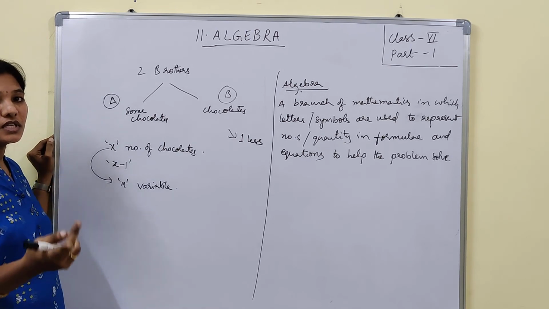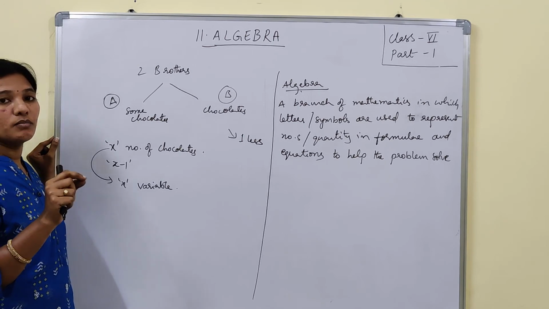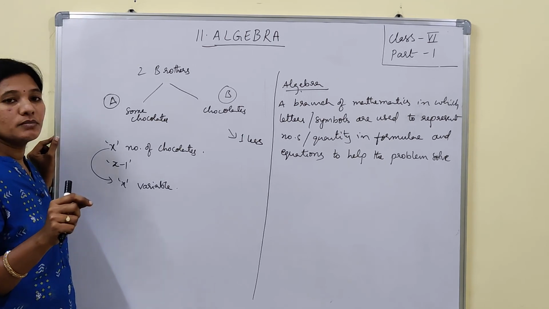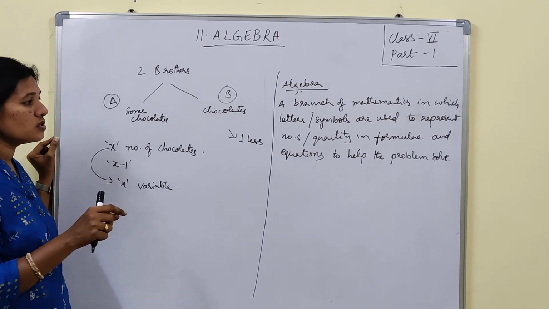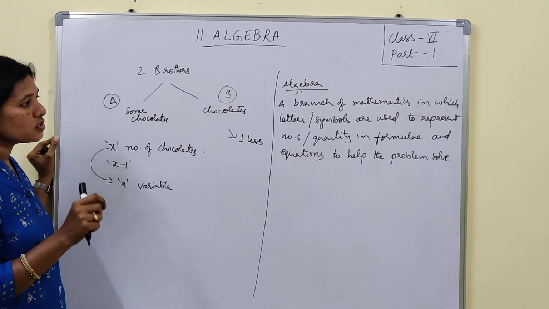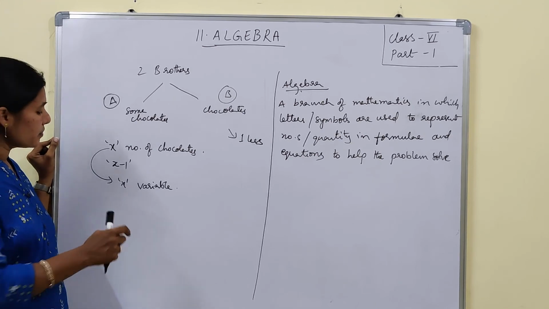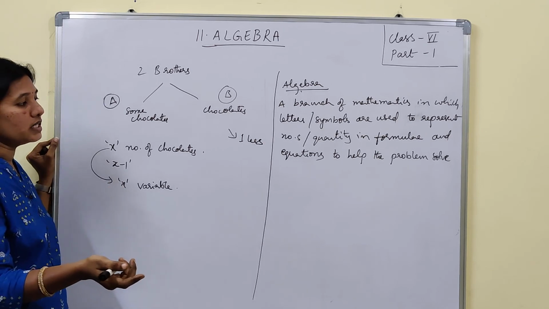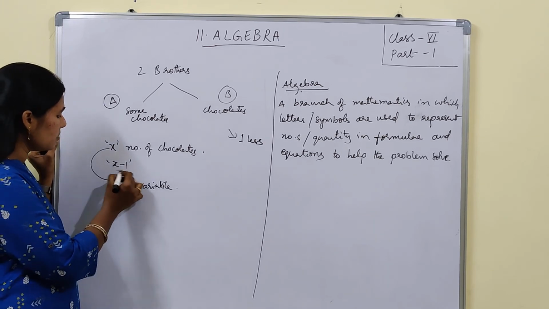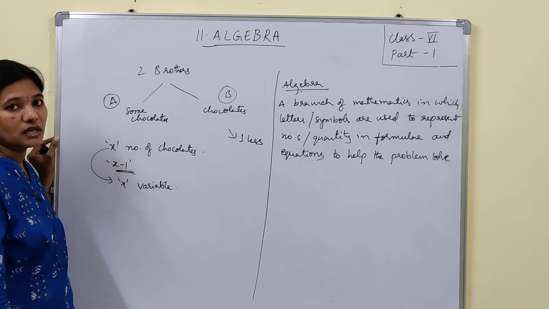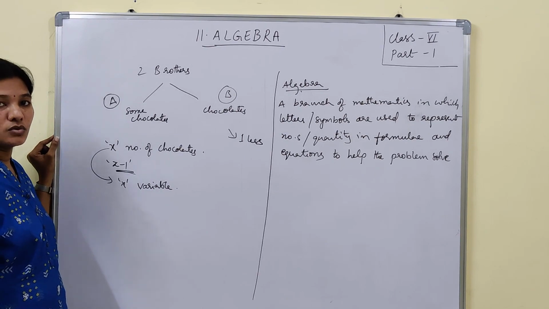If one more is there, we use the symbol plus. Whatever algebraic operations and symbols we use, it is a branch of mathematics in which letters or symbols represent numbers or quantities, in the form of a formula or equation. This is nothing but an expression actually. Okay.